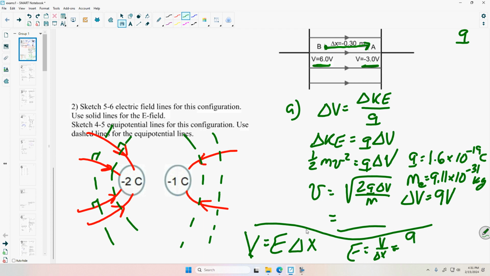That's 9 volts, my delta V. My delta X is 0.3 meters. And so that's 30 volts per meter. Yeah, 30. So that's the magnitude of my electric field.